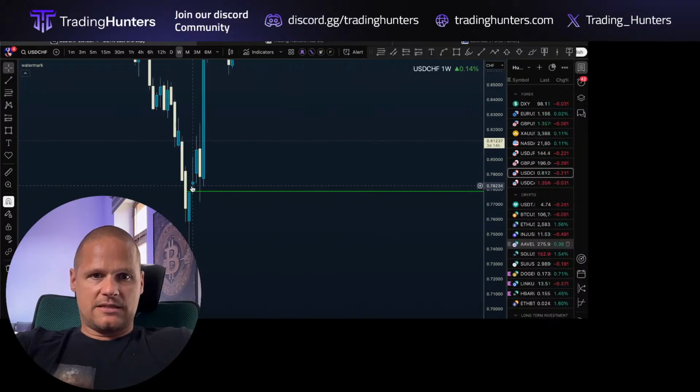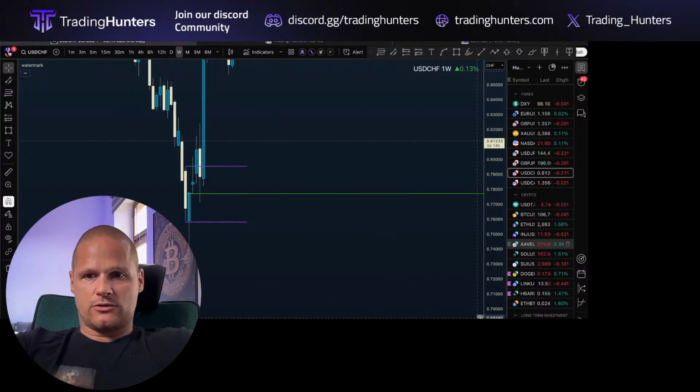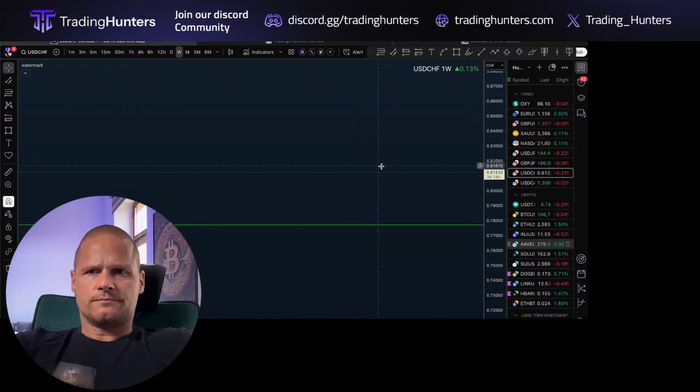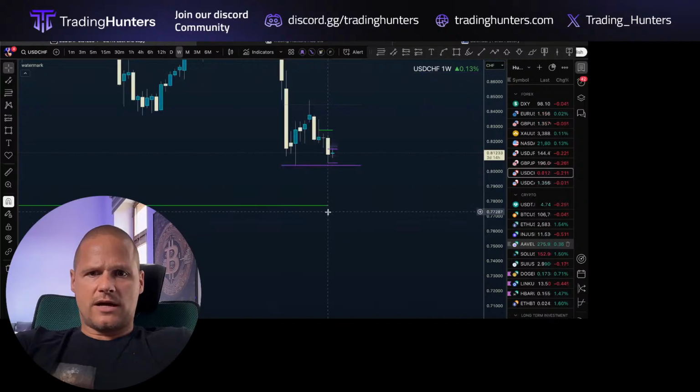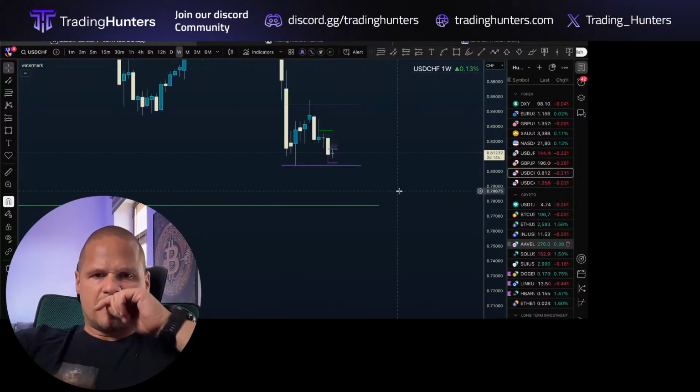Maybe these gaps would be an even better level, or if we measure this candle, you see it's aligning with the midpoint of this candle, which is quite fine to me. So price could go even lower here.